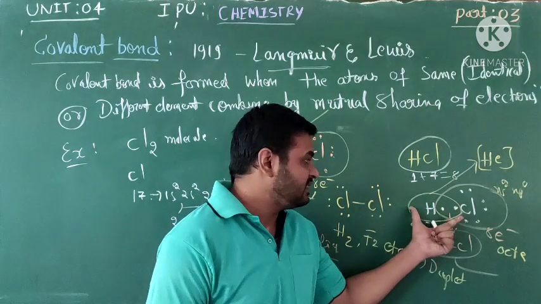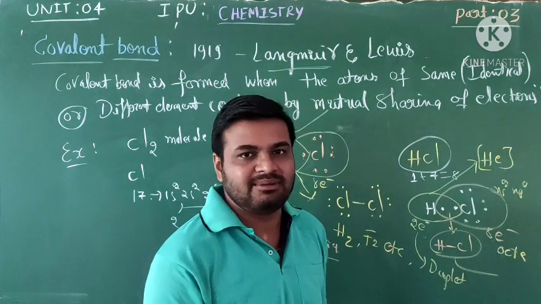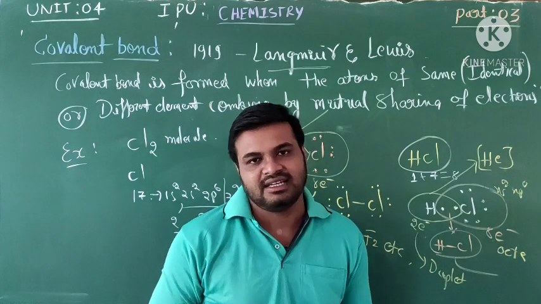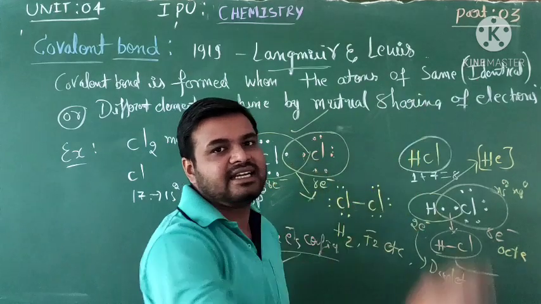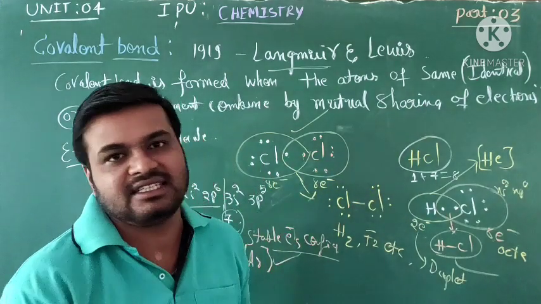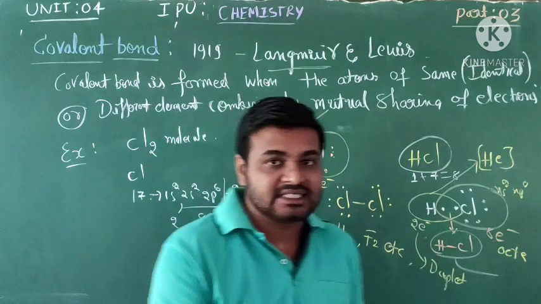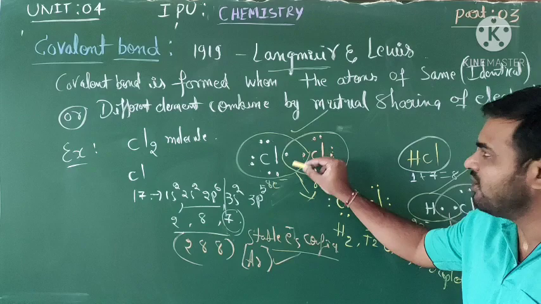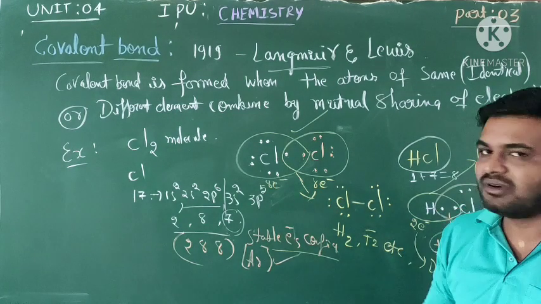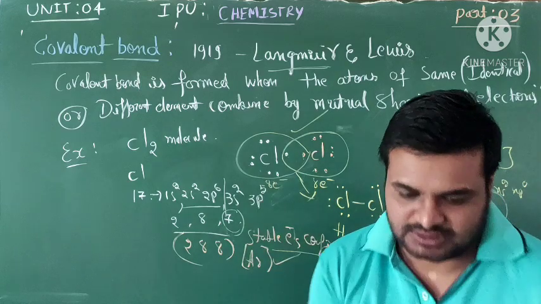And one more point: hydrogen is always a highly electropositive element that donates electrons. In the molecule it is in an end position, not in the center. Okay, this is about covalent bond. Clear? Okay, next we go to the bond. Covalent bonds have single and multiple bonds. We are going to discuss all those terms.